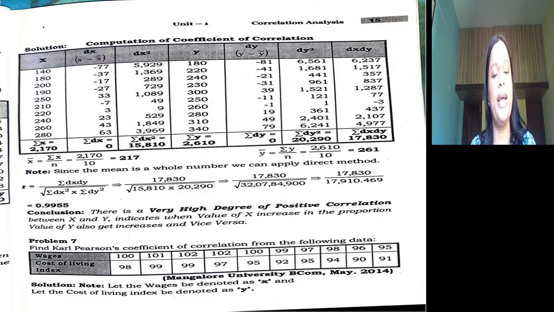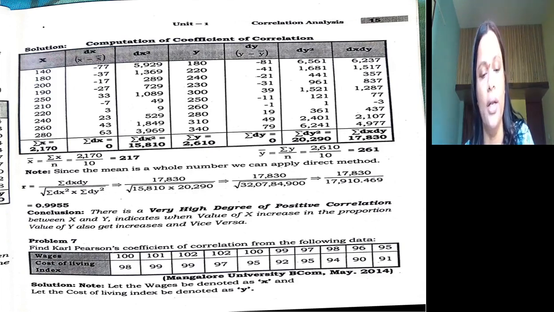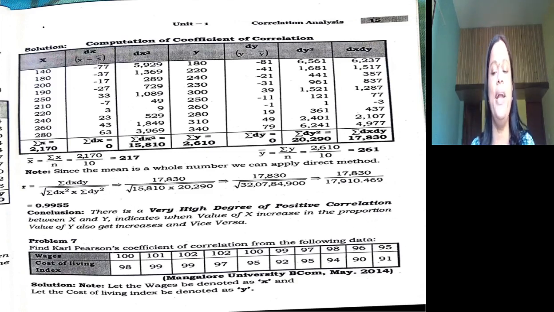The sum of the values of variable x is 2170, divided by 10, is 217. The sum of the values of variable y is 2610, divided by 10. So the answer is 26.1. So I think they applied the direct method here, because what is the arithmetic mean of y?